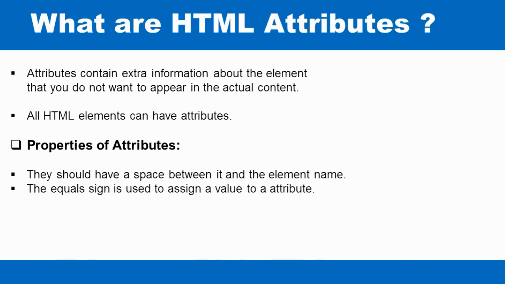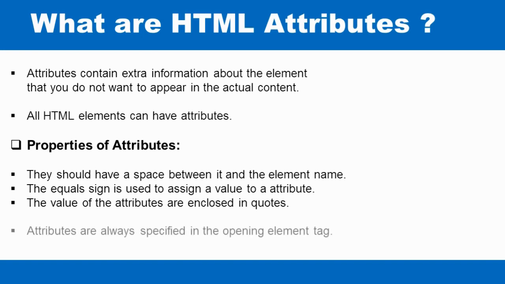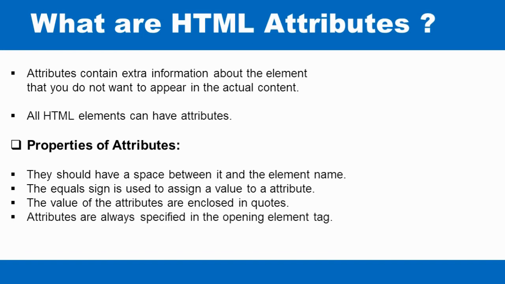The value of the attributes are enclosed in quotes. Attributes are always specified in the opening element tag. Attributes are paired. That means they will have a name and they will also have a value.